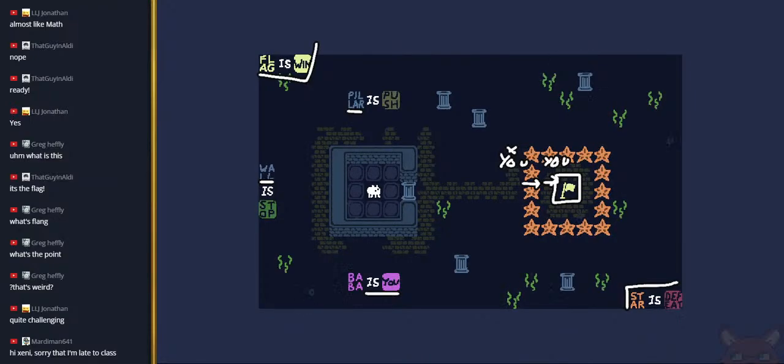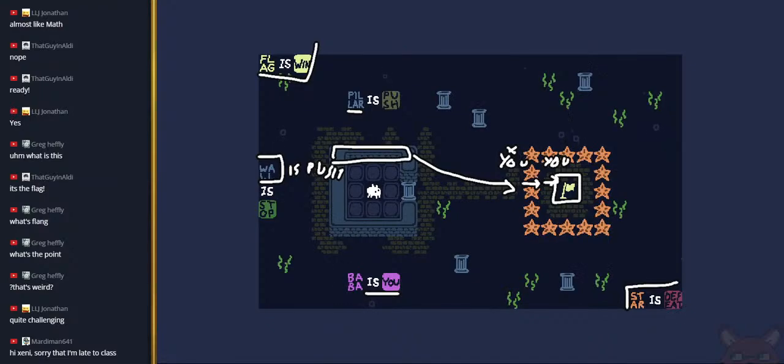Technically, we can use either one of these. Let's use wall just to be fun. Of course, it states that pillar is push, but we can just make wall is push as well. And then push this wall that is not you through here.